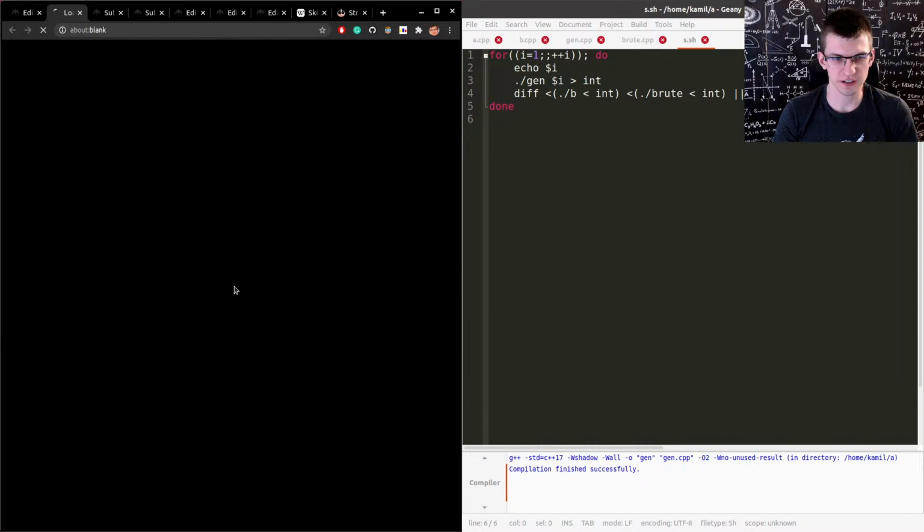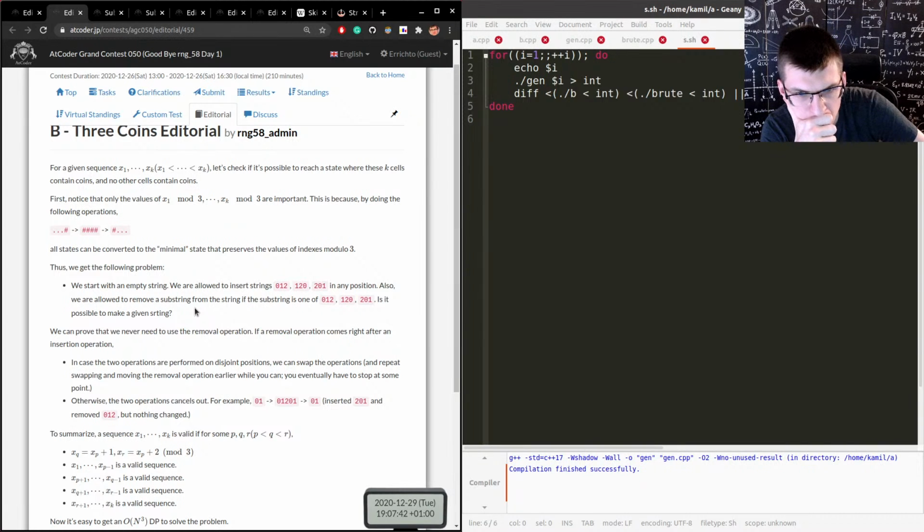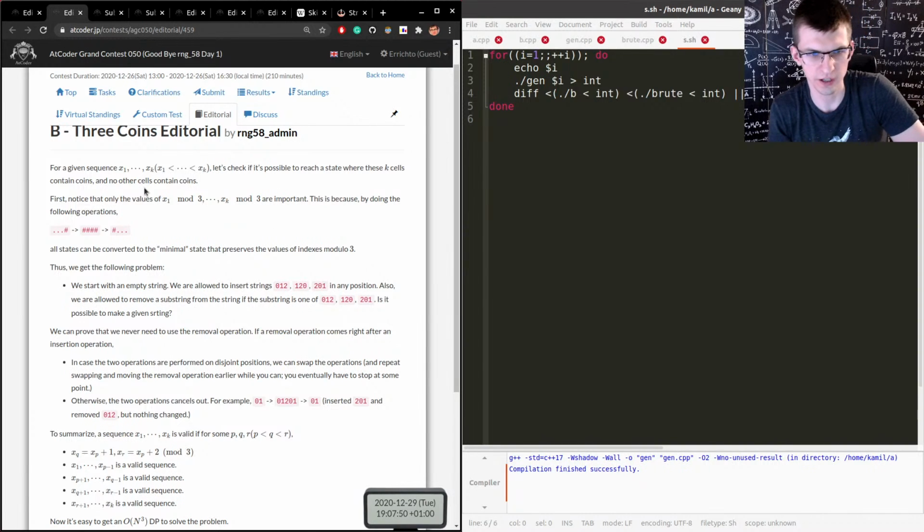What does the tutorial say? Let's check if it's possible to reach a state where these cells contain coins and no other cell contains them. We start with an empty string. Are we allowed to insert strings? What? Okay, they look at values modulo 3, then they change every position into its value modulo 3.